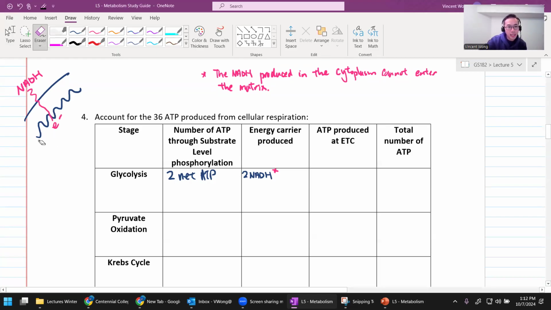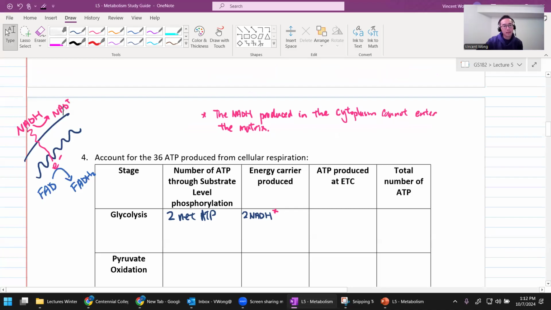Okay? And on the other side of the border, there's going to be the FAD, and that's going to pick up the electron. Okay, so this is going to turn back to NAD plus. So you might ask, how come we don't have another NAD picking up the electron? Why do we have to pick it up with the FAD?